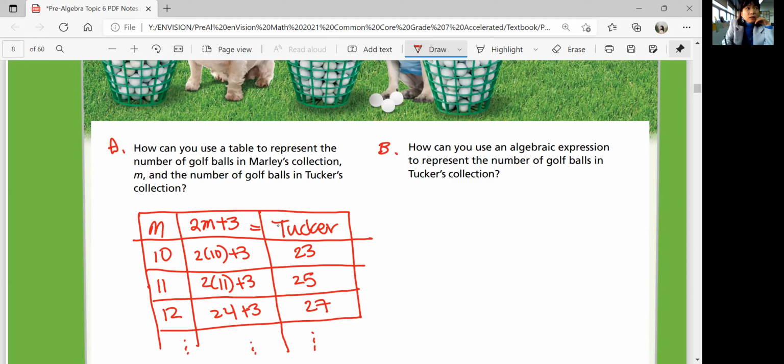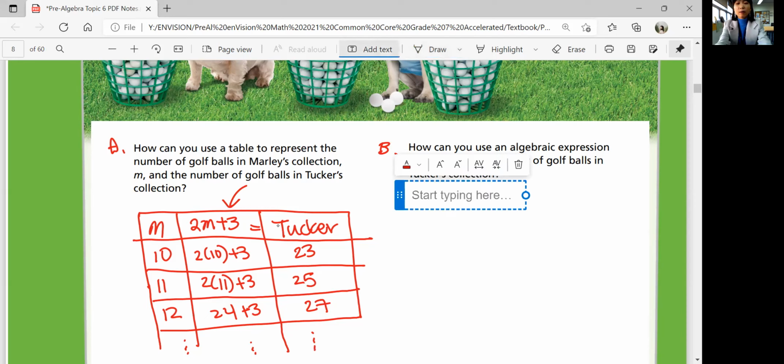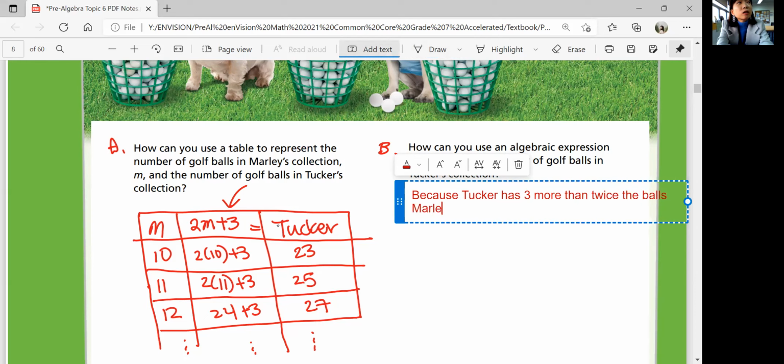So how can you use an algebraic expression to represent the number of golf balls in Tucker's collection? We already figured out an algebraic expression here. How can you describe that? Because Tucker has 3 more than twice the balls Marley has.